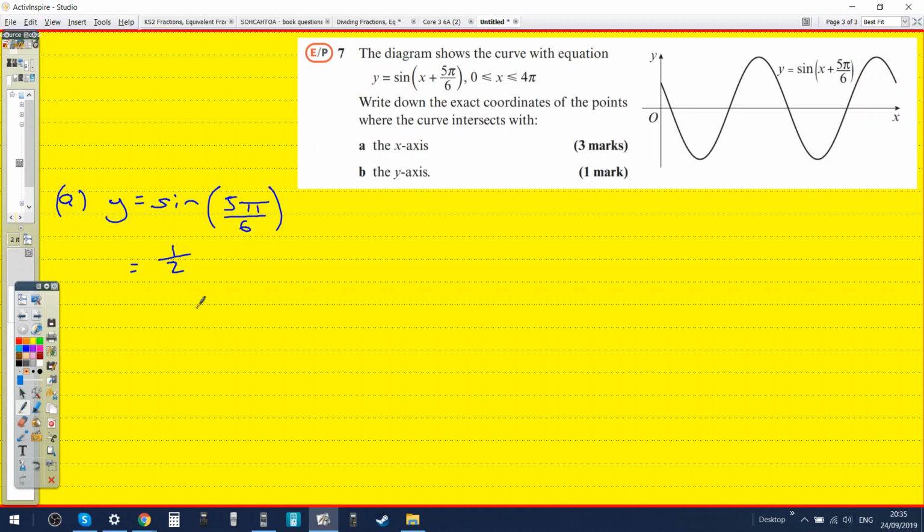Write down the exact coordinates. So that's the x-axis. So what would it be? They wanted coordinates, so that would be half pi, right? Does your calculator say half pi? No, just half. So half, 0.